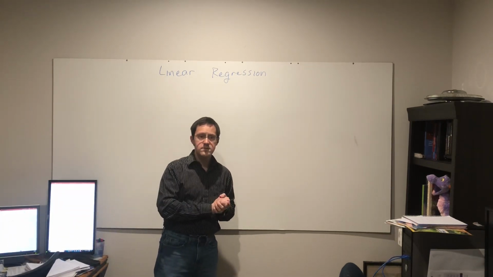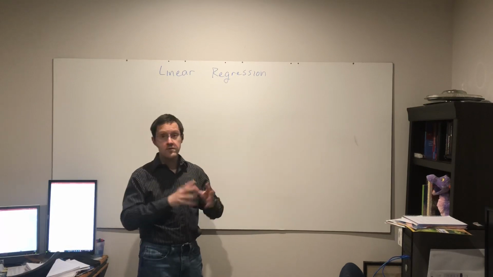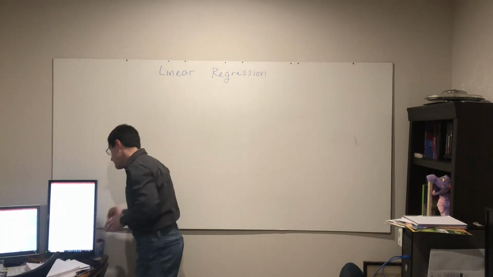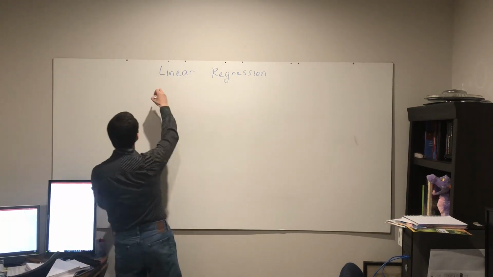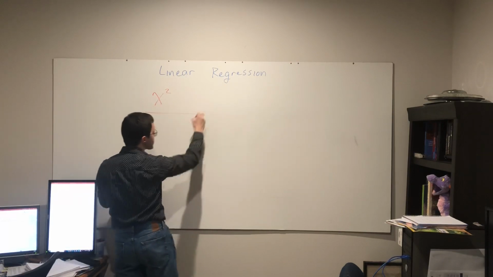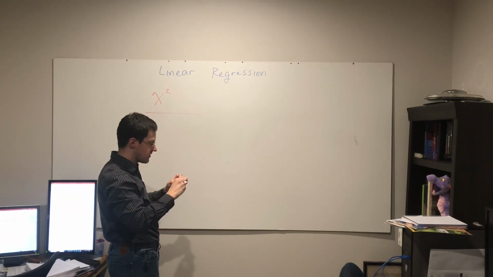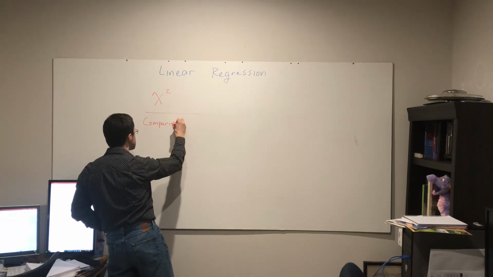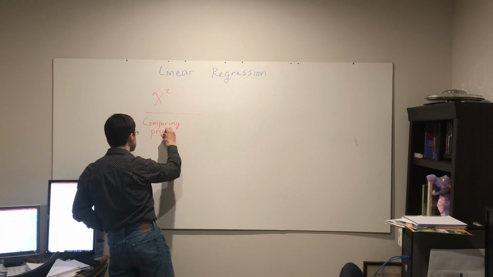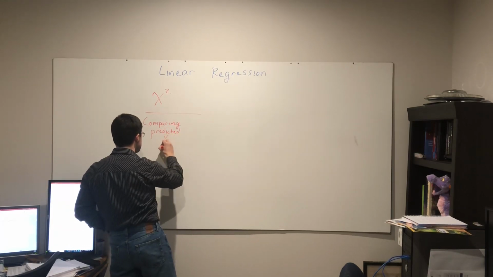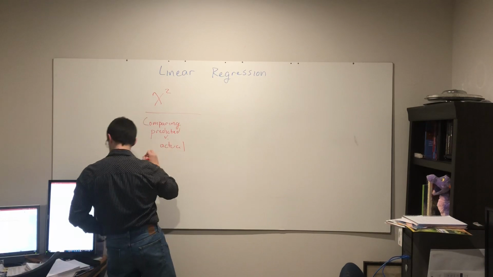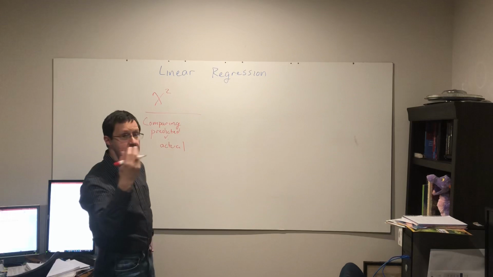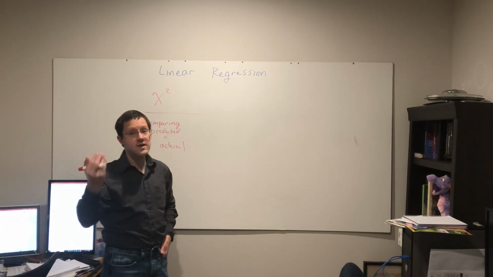So, to be even more precise in that comparison, we have chi-squared, and it's comparing the predicted against the actual value.